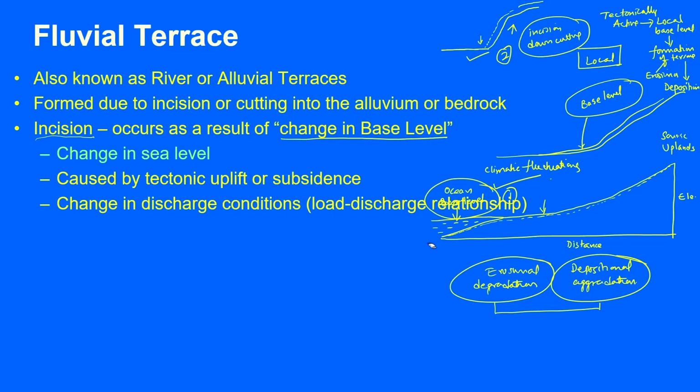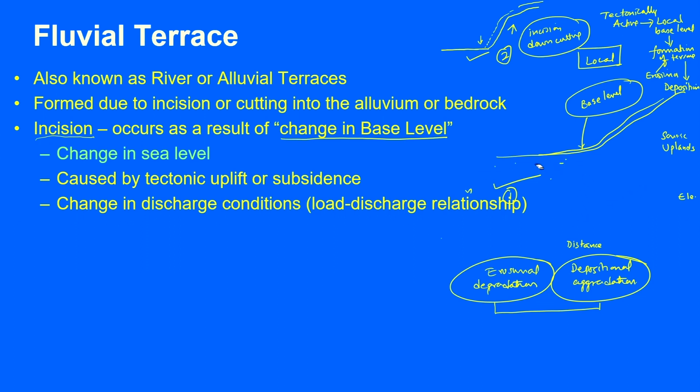I will just remove this part here, so that you can see things clearly. This is again related to, as I told, the natural processes, which can also result in a change in the base level.